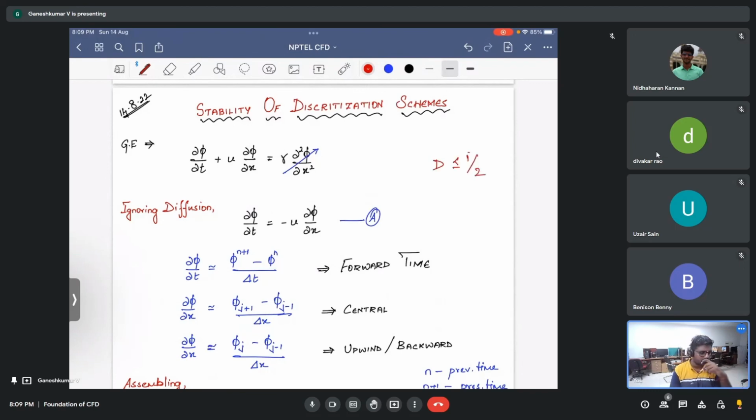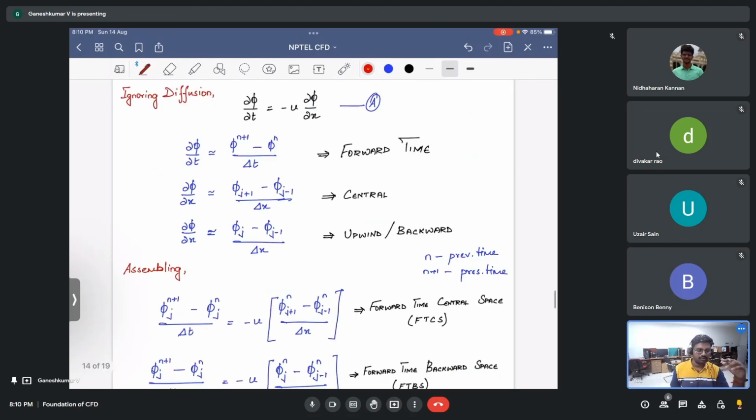There will be some condition for the diffusion parameter. This d is actually the diffusion parameter. Similarly, we have a stability condition for the CFL number also.